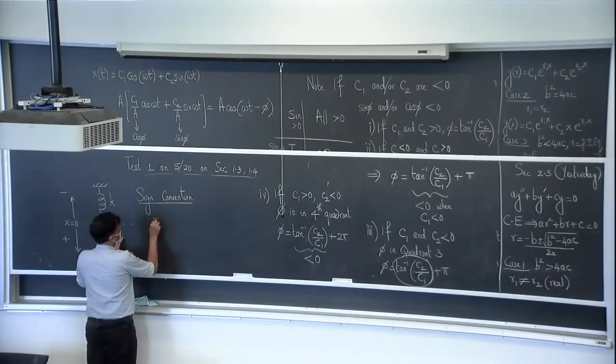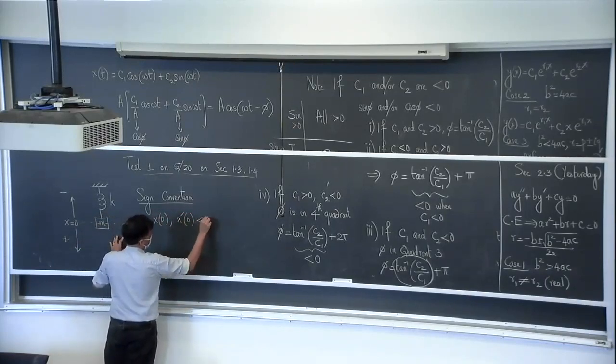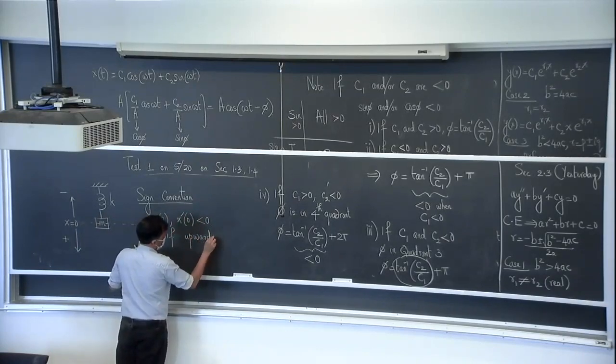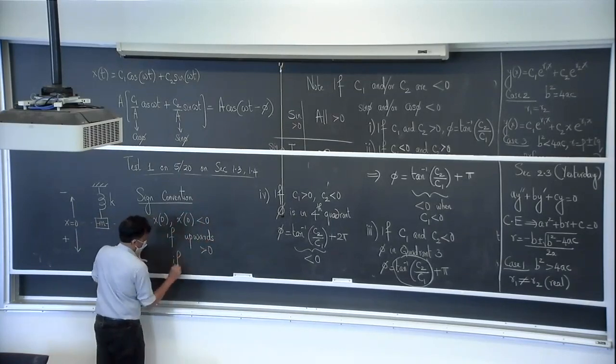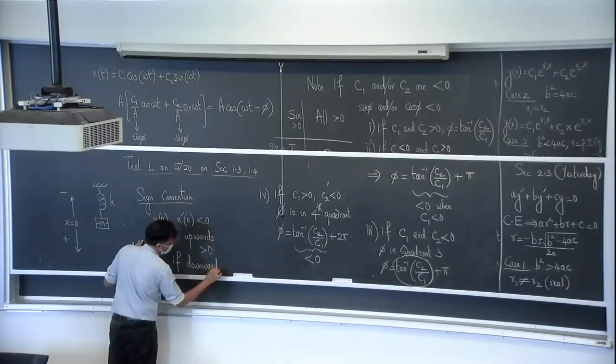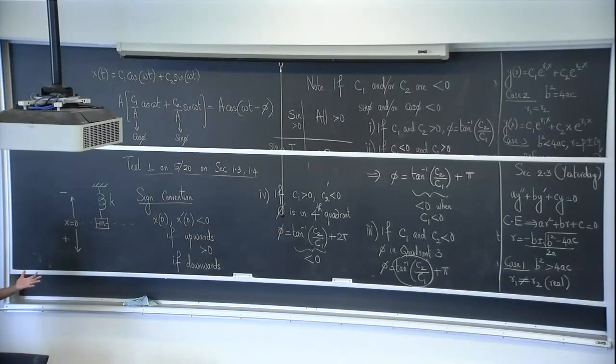So x of 0 and x prime of 0 will be negative if upwards, and positive if downwards. That is what it really means by saying C1 and C2 are positive or negative.